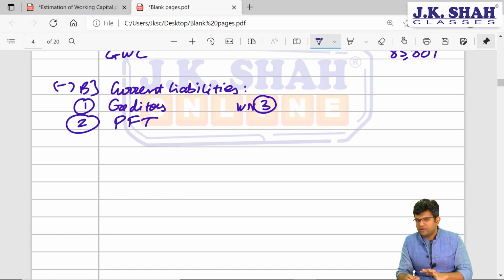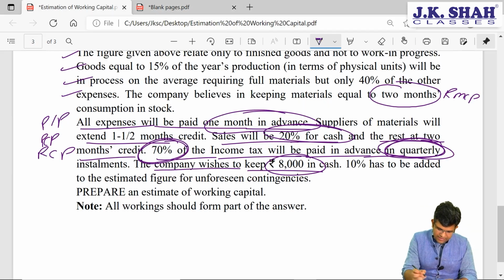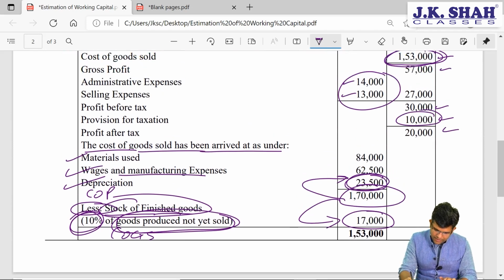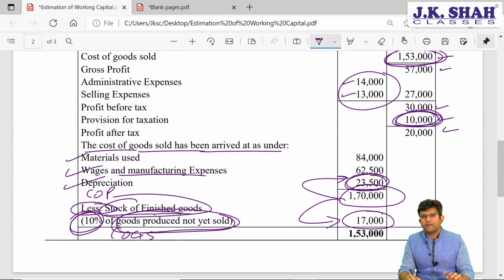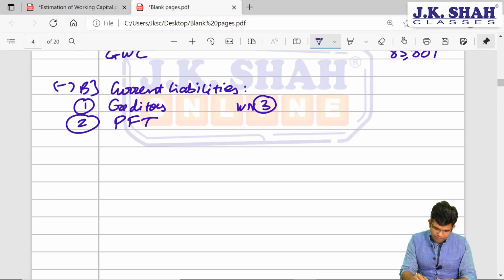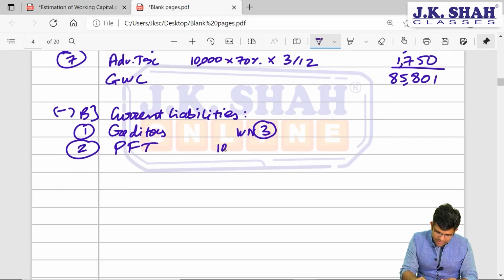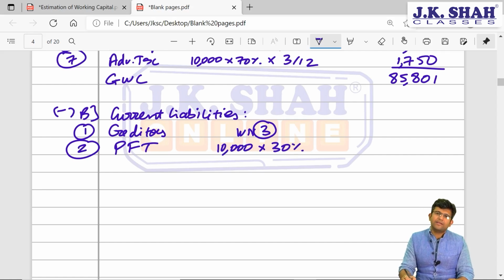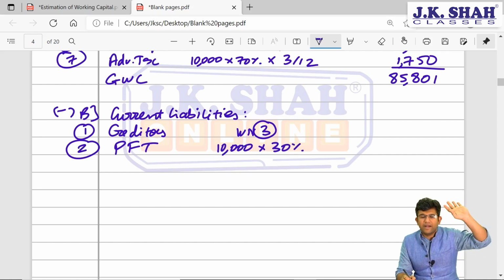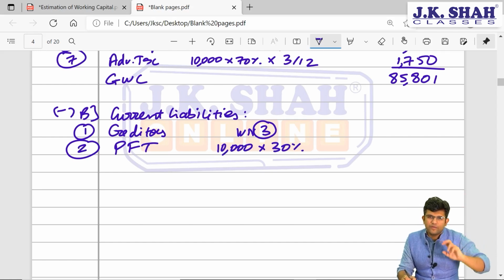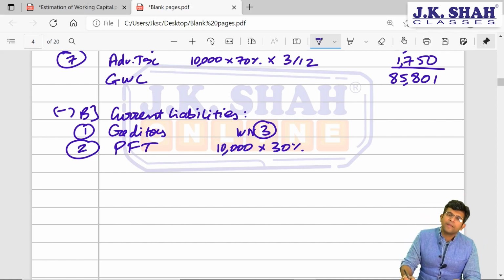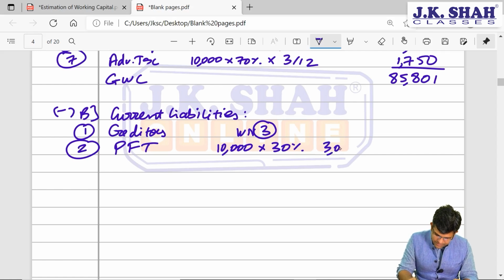Now out of 10,000, if 7,000 you are paying in advance, do you realize that the balance will simply be 10,000 into 30%. Everybody clear? 10,000 into 70% is payable in advance. So the provision will only be 10,000 into 30%, that is rupees 3,000.